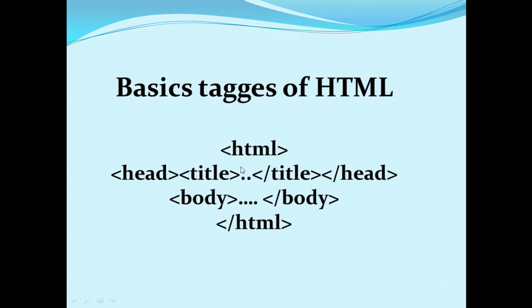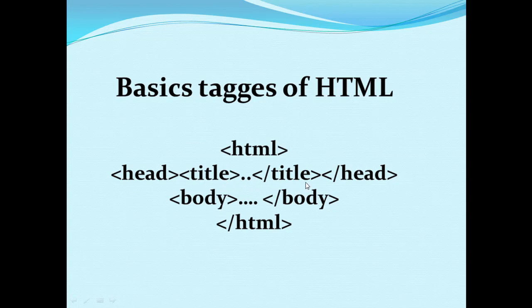So you see that html is the first basic tag. It is closed here, and all other tags are in between these two tags, the opening and the closing tag. The second one is head, and in the head tag, the title tag is put in between.